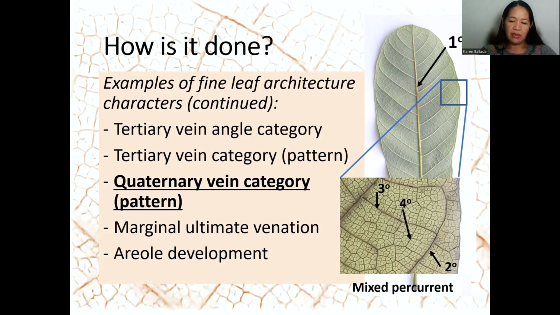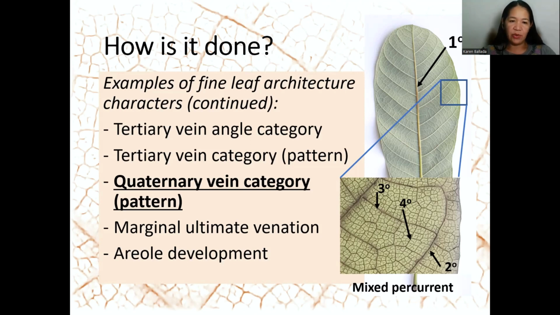The character states of this one are quite similar to those of the tertiary vein category in terms of pattern. So again, does it form continuous or alternate? In this specimen, it's also a mixed percurrent, meaning quaternaries are alternate and opposite in equal proportion.